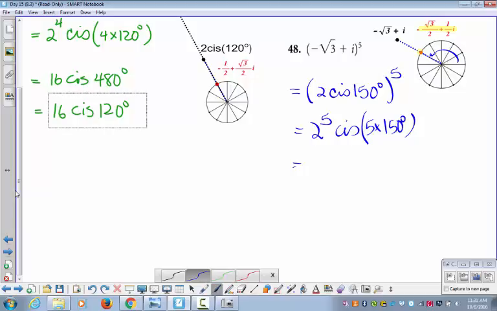No, 32. 32 cis. That's going to be 500 plus 250, so 750. Woo, that's too much, that's more than 360. So we subtract off 360 twice, and we get cis 30.